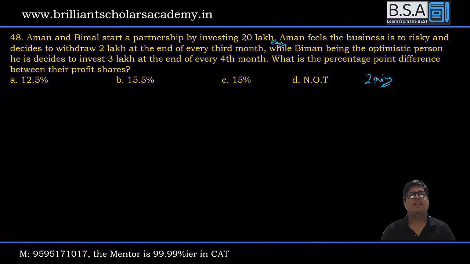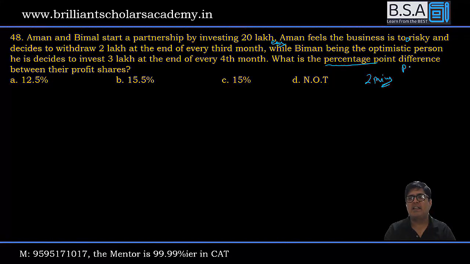Aman feels the business is too risky and decides to withdraw 2 lakh at the end of every month. While Bimal, being the optimistic person he is, decides to invest 3 lakh at the end of every fourth month. What is the percentage point difference?